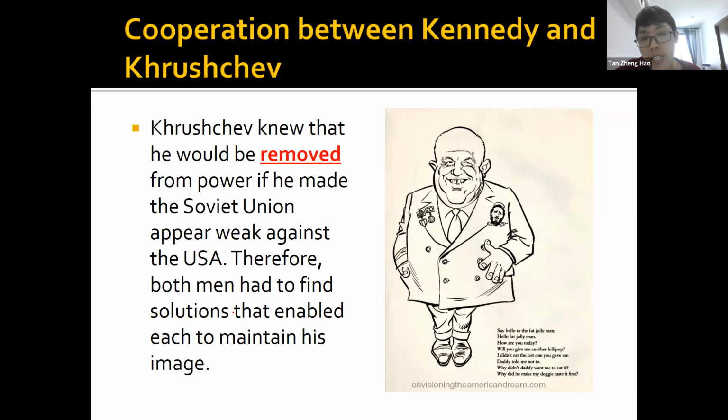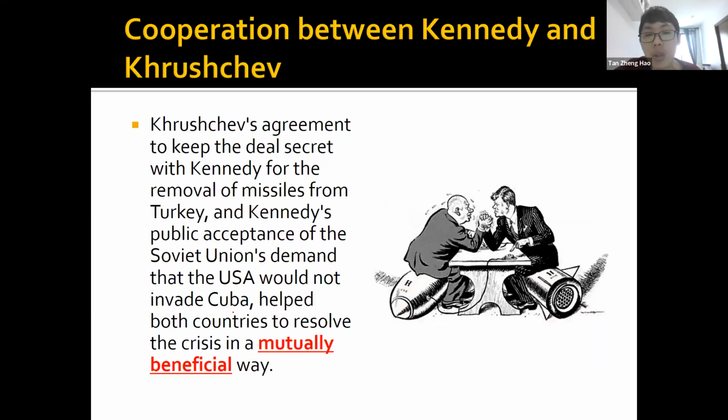So both Kennedy and Khrushchev want to appear tough, and they want to end the crisis in a mutually beneficial way. They basically want both the US and the USSR to look good. We don't want to appear weak by giving up so easily.